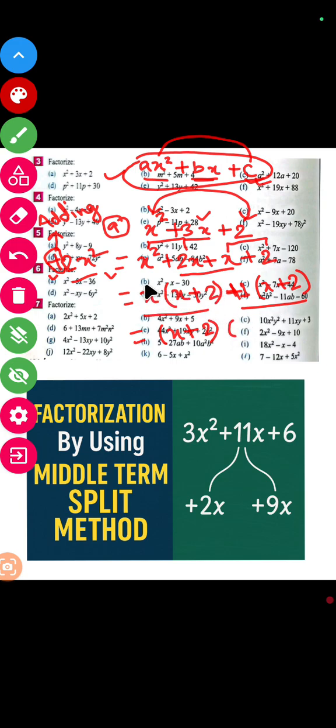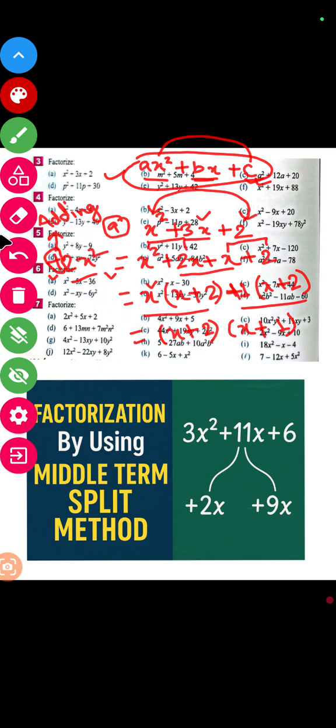X plus 2 is common, what is left? X plus, and in the second term, 1 is left, that will be written over here. In this way we have found the product form for the expression of the type ax square plus bx plus c.